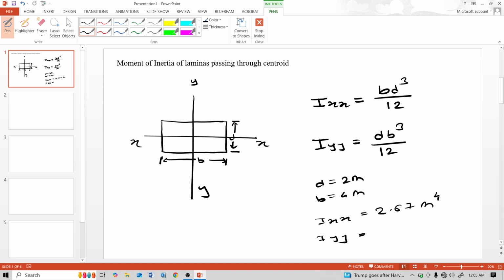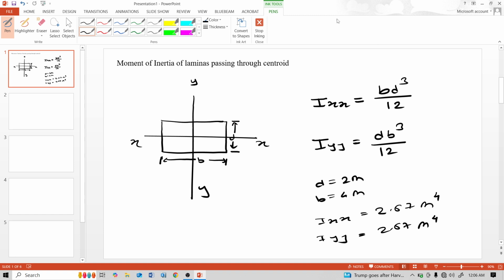Unit of moment of inertia is meter raised to 4. Iyy is d into b cube by 12, this is also similar, 2.67 meter raised to 4.